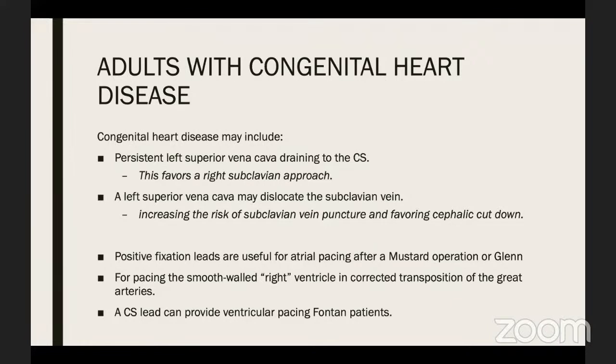Positive fixation leads are useful for atrial pacing after Mustard operation or Glenn, for pacing the smooth wall right ventricle in corrected transposition of the great arteries, and a coronary sinus lead can provide ventricular pacing in Fontan patients, as there is no access through the venous system.